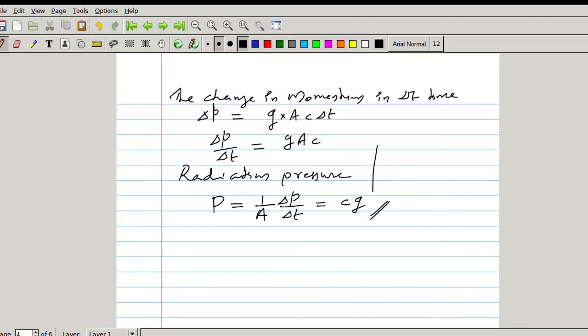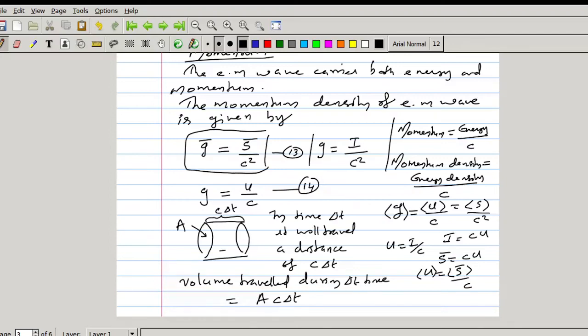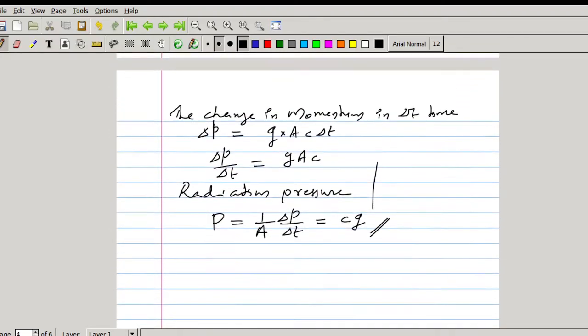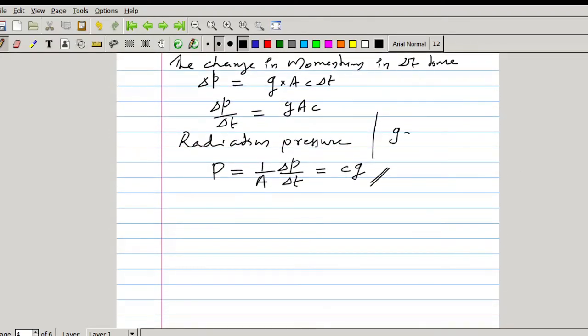What is G? Magnitude of G will be I by C square. So radiation pressure P equal to C into I by C square. So this will be P equal to I by C. So radiation pressure will be I by C.